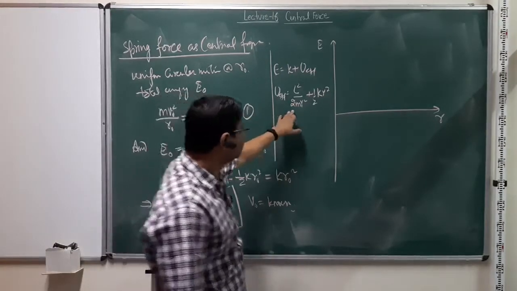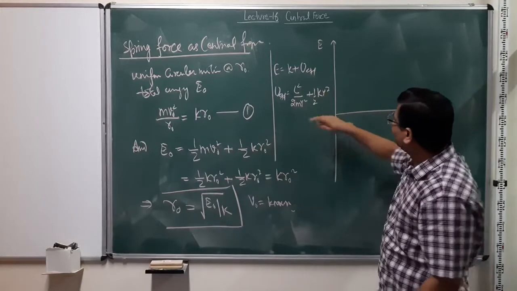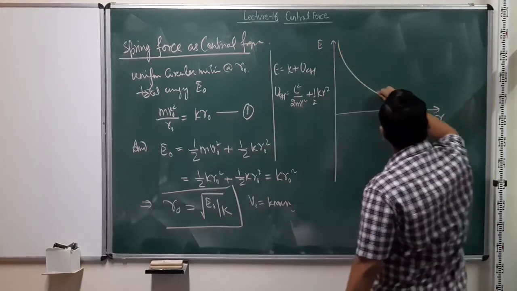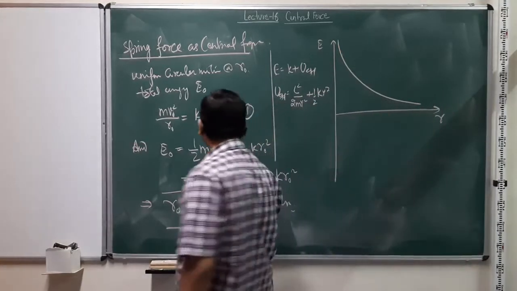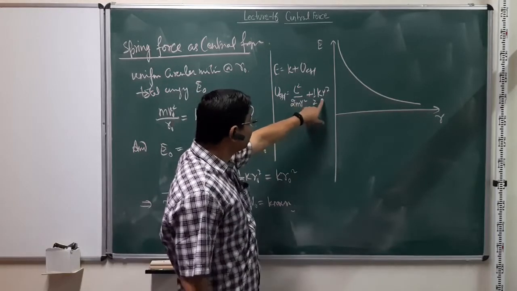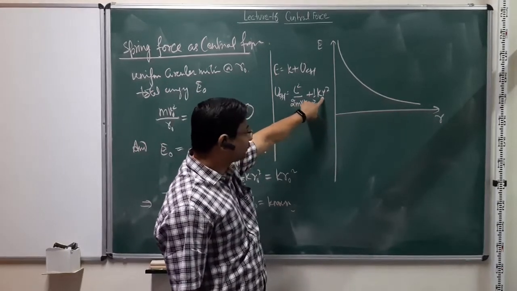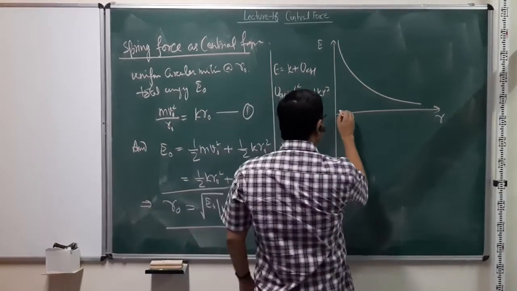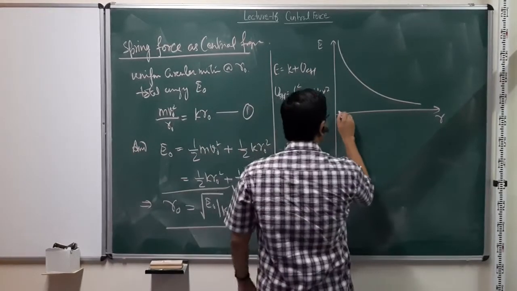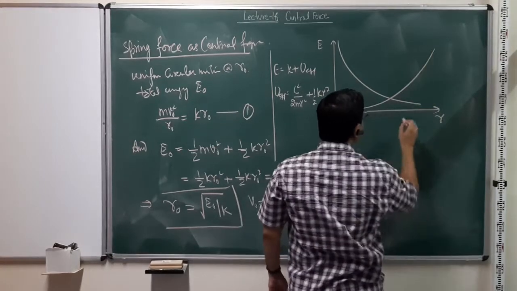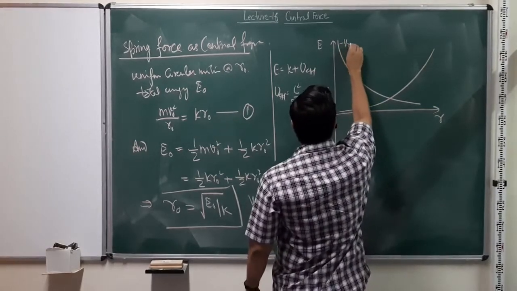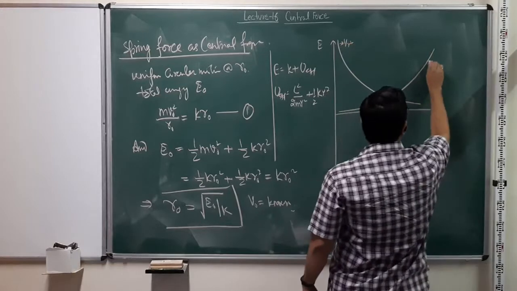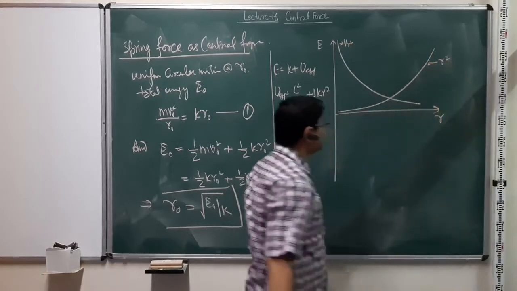Now how does it look? The L over R squared term, that we know goes like this. So 1 over R squared, and on the other side we have R squared, which basically increases with R. So this is 1 over R squared, and this is simply the R squared function.